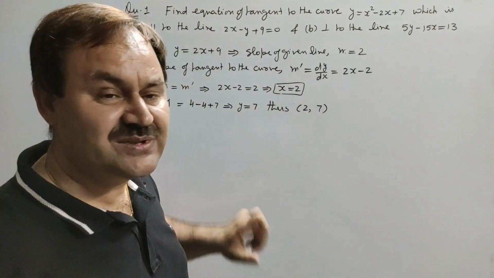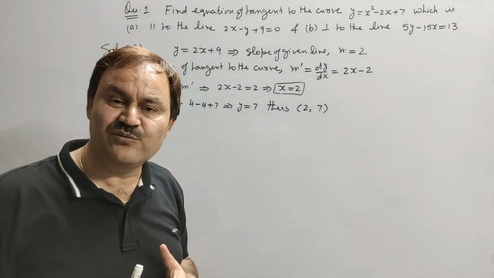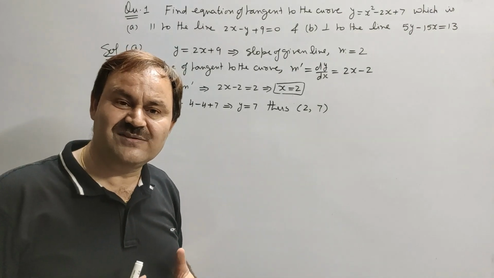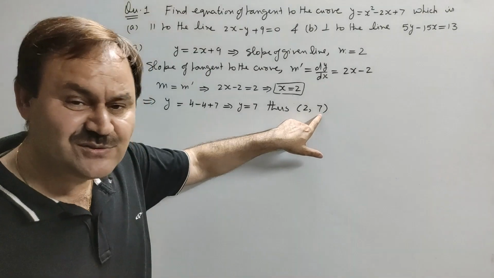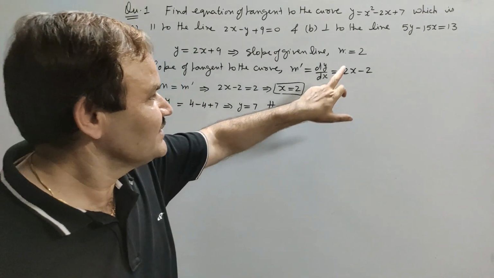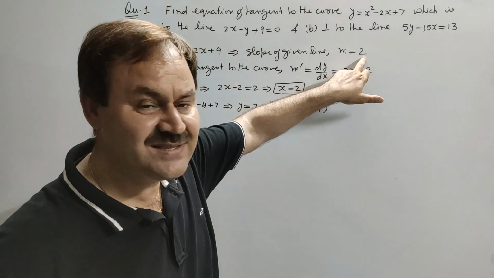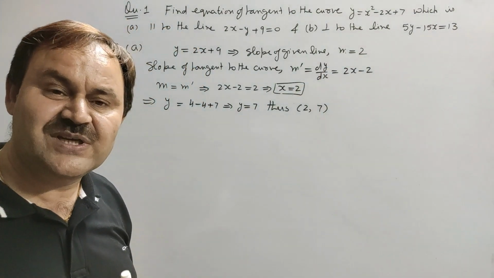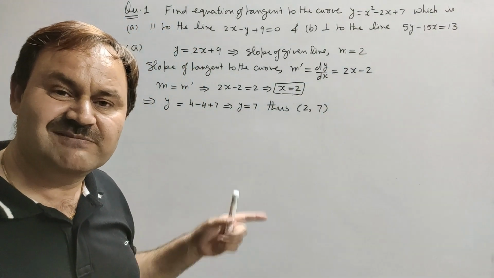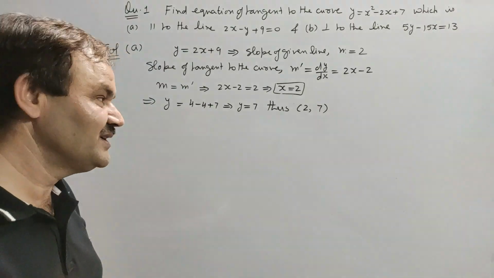parallel to this line. Now we want to find the equation of this tangent. Since the tangent is passing through this point and the slope of the tangent is equal to the slope of the line, that is 2, using point slope form we can find the equation of the tangent.